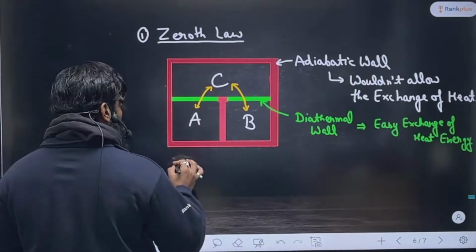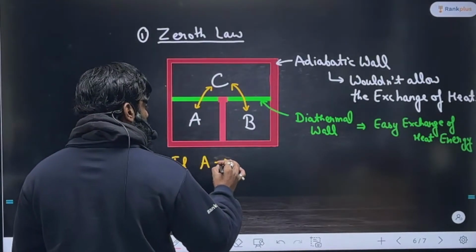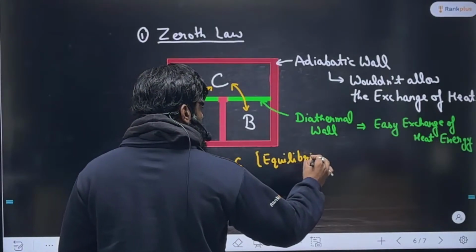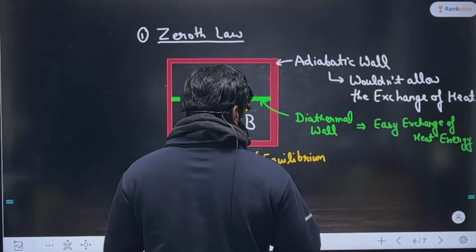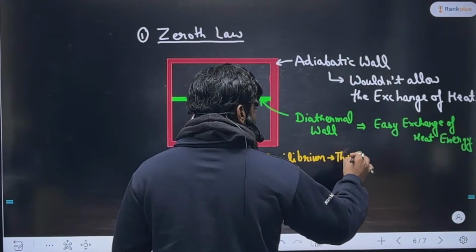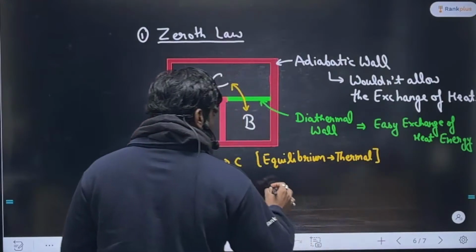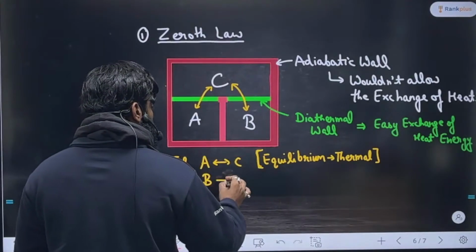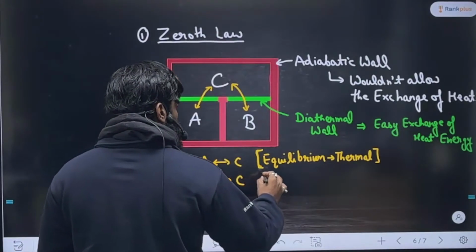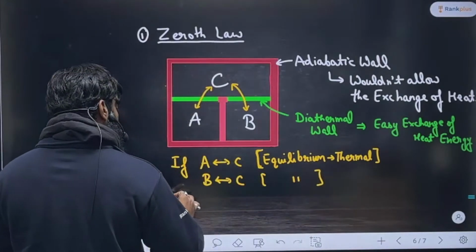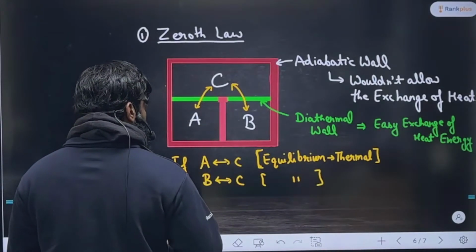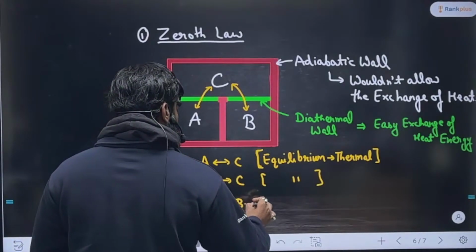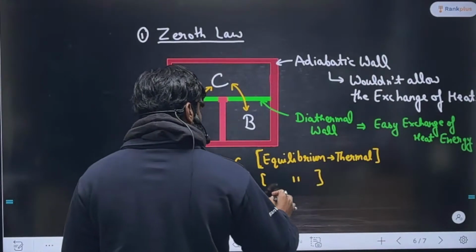So the zeroth law says that if A and C are in thermal equilibrium (when I'm talking about equilibrium, it means thermal equilibrium), and B and C are also in thermal equilibrium, then I could say that A, B, C all are in equilibrium.